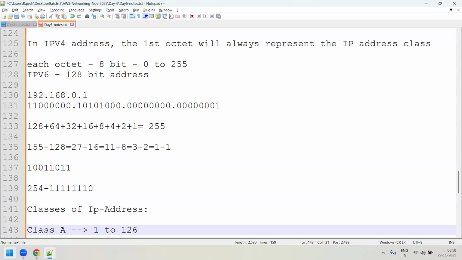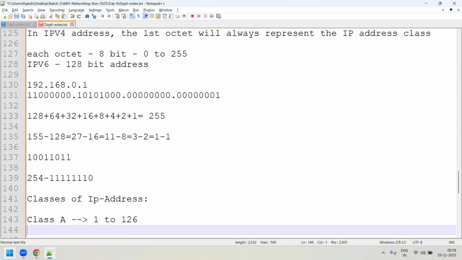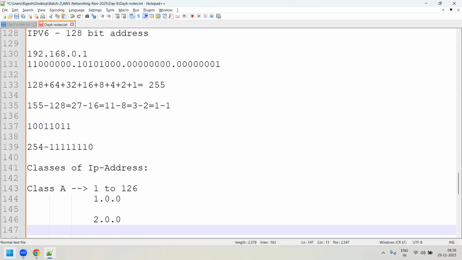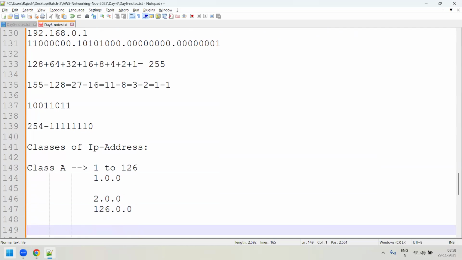It means it starts with 1.0.0 and goes like 2.0.0, up to 126.0.0. This is the range for class A.